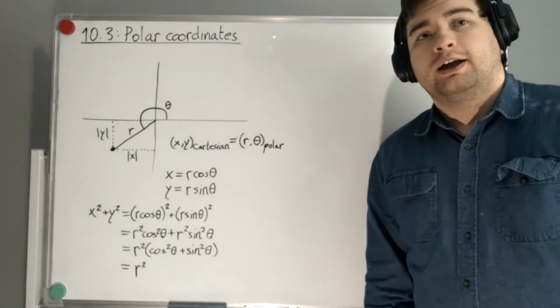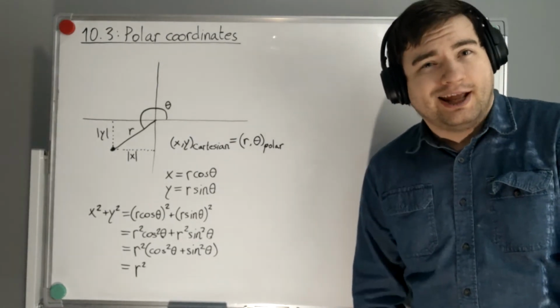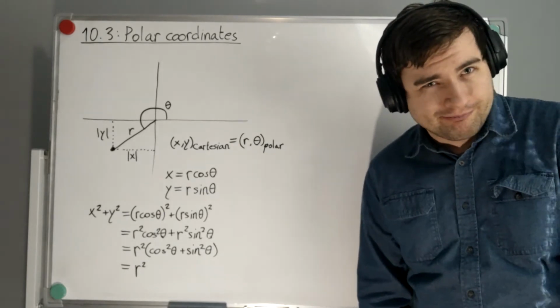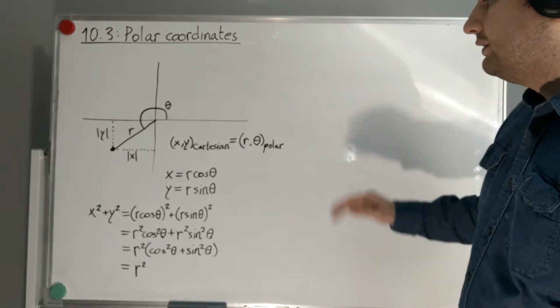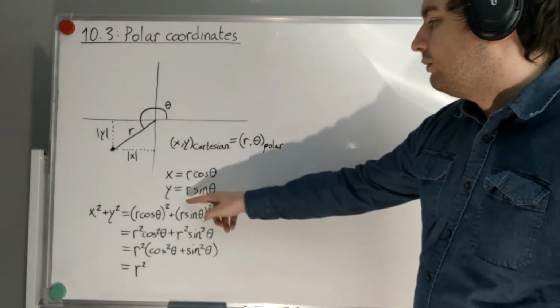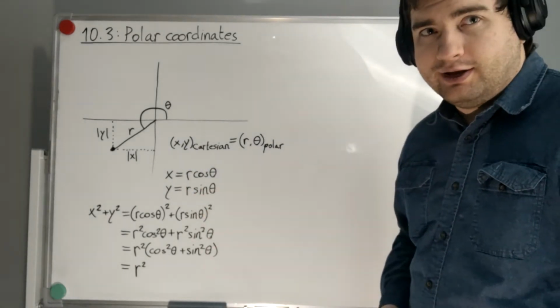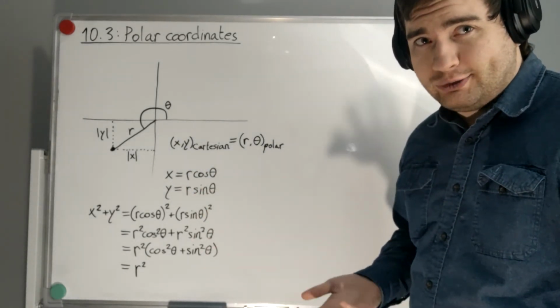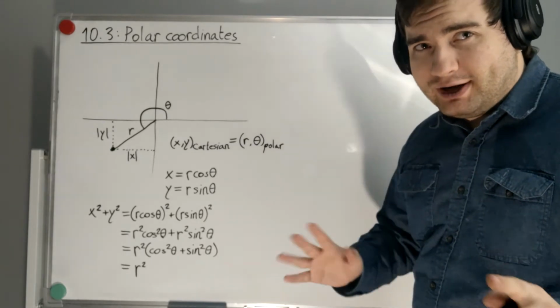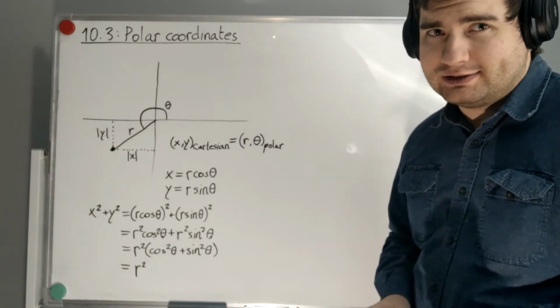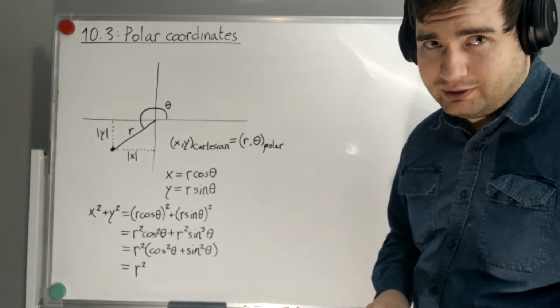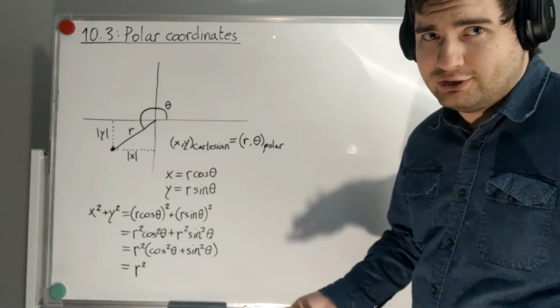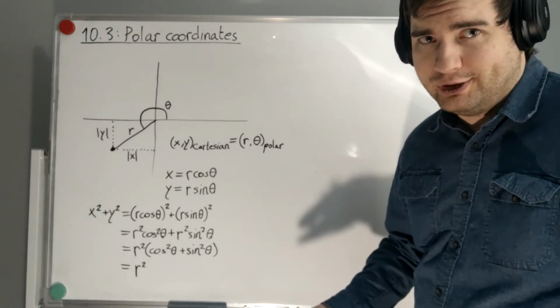Okay, good. Now, how do you figure out theta? That's a little bit harder. First of all, you might notice that if you divide y by x, then you'll get tangent theta equals y over x. But that doesn't make sense unless x is non-zero. If x is 0, you can't do that, of course, because you're dividing by 0.